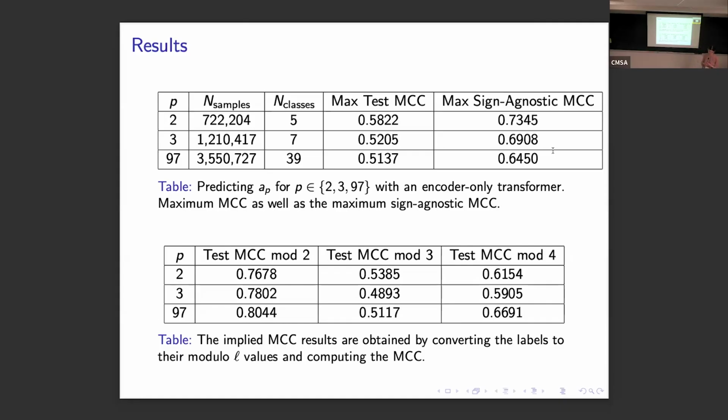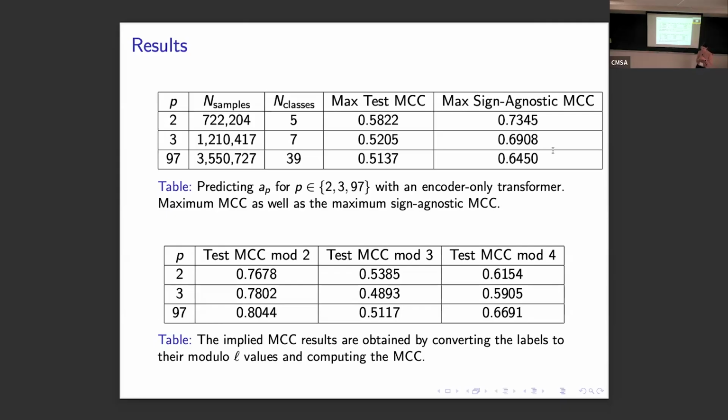Does the same thing happen with 2, but it's better at figuring out whether it's divisible by 2 or not? Yeah, because mod 2 is the same as divisibility by 2. I was asking if it's the same thing with mod 2. Yes, because the two of them are the same. I guess the sensible question would be for larger primes, if it's better at predicting divisibility.